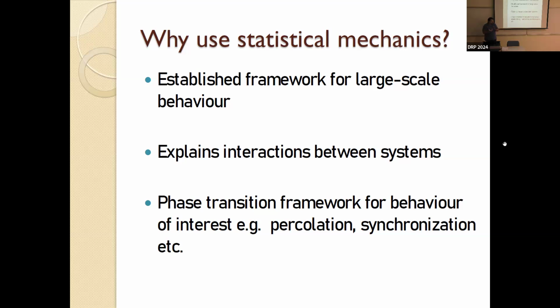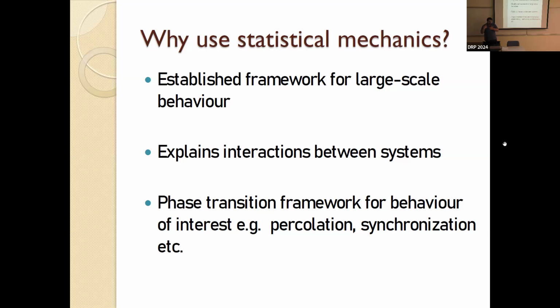Well, statistical mechanics, I absolutely don't have time to delve into any of the history, but it's a very well established framework for explaining large scale behavior of a system, and also can well explain interfaces between large systems, such as large tree-like networks.